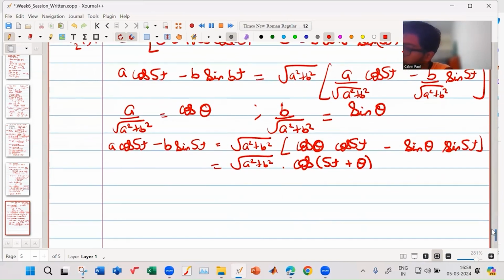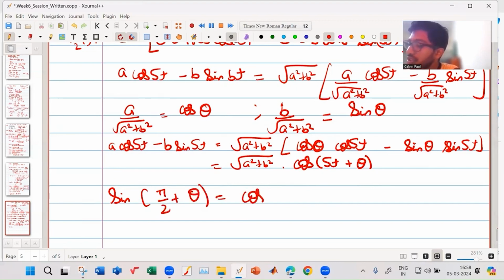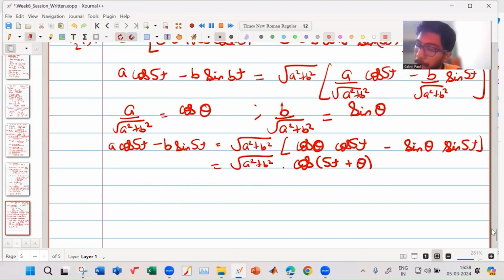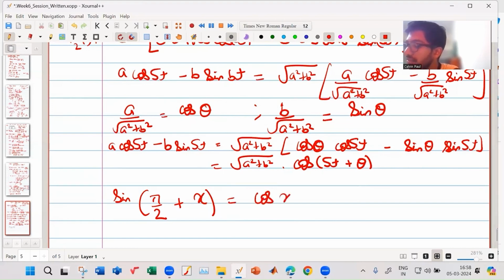Okay. Now we want to convert it in terms of sine. We know sine of pi by 2 plus x is equal to cos x. So here, what is my x?